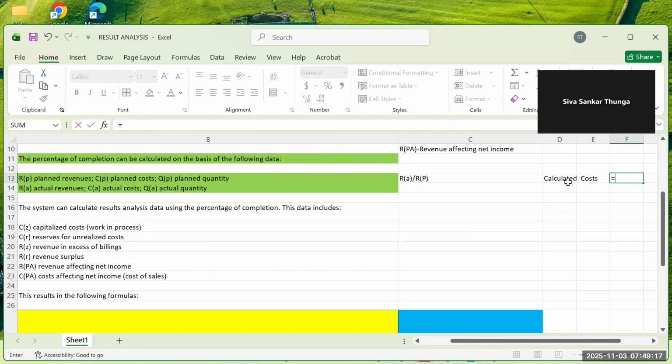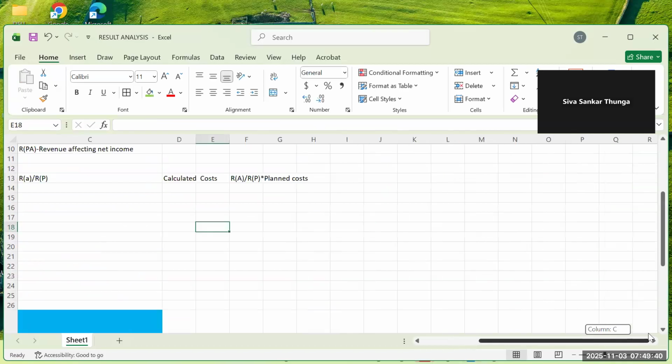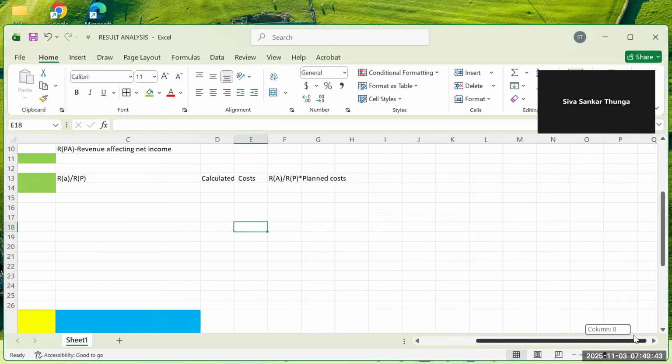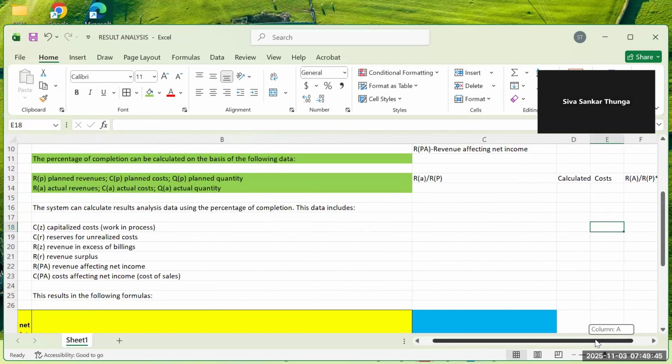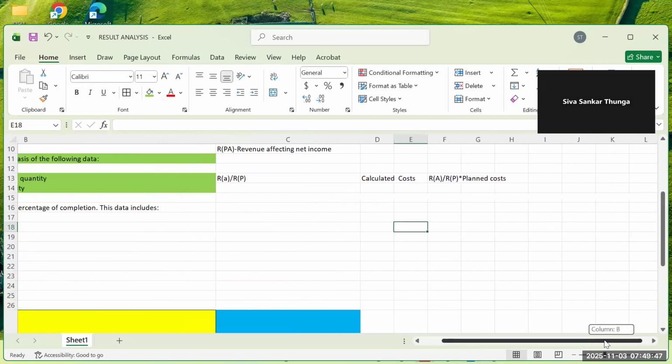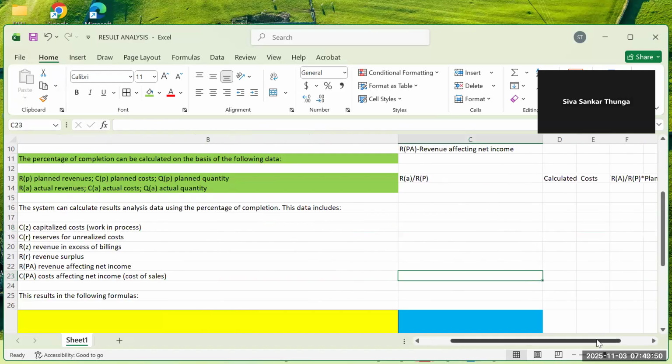That is equal to R of A divided by R of P into planned cost. Right? This is for the revenue method.